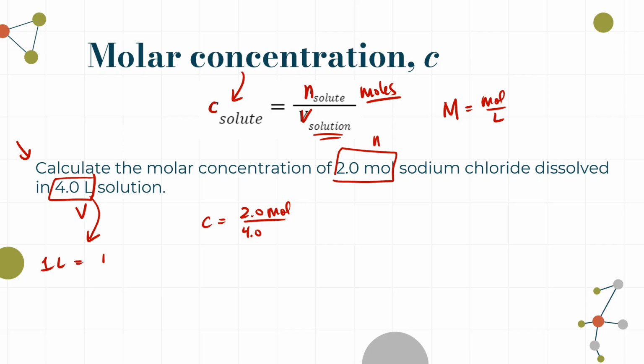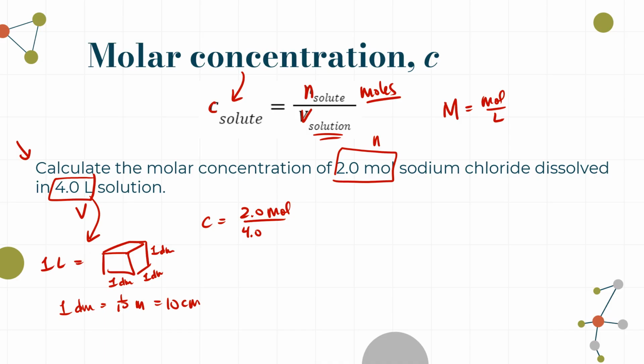So 1 liter is the same volume as a cube that has 1 decimeter edges. So if I build a cube where each edge is 1 decimeter, 1 decimeter is the same thing as 1/10 of a meter. It is also 10 centimeters, or 100 millimeters.